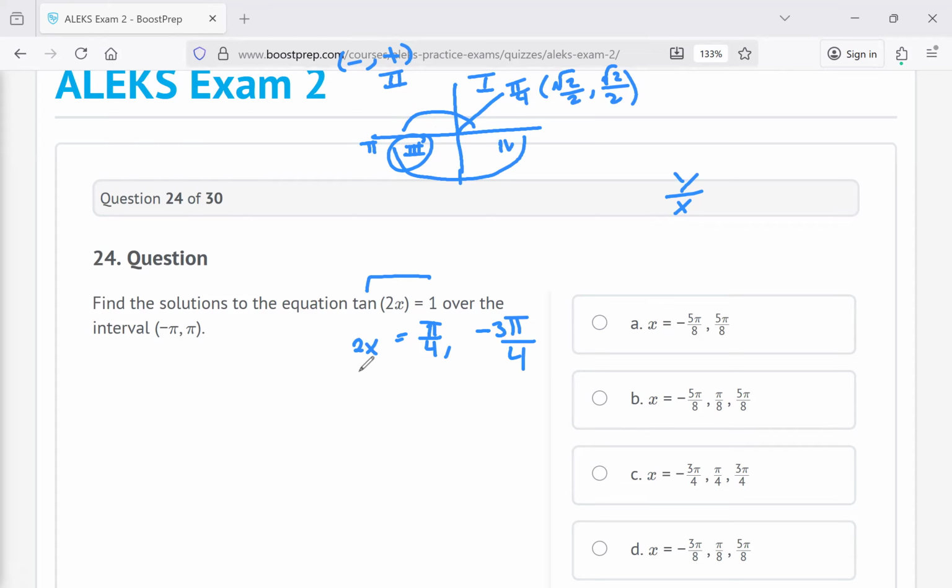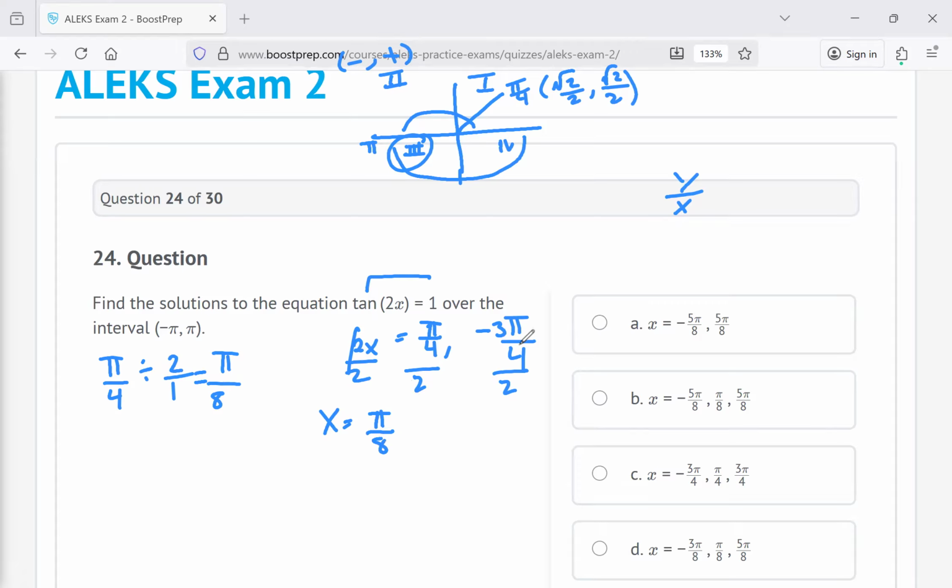And then what you're going to do is solve for x. So you're going to divide each term by 2, right? So now this is x. What is pi over 4 divided by 2? That's a complex fraction. So you can rewrite this as pi over 4 divided by 2 over 1, and then cross multiply. That's pi over 8.